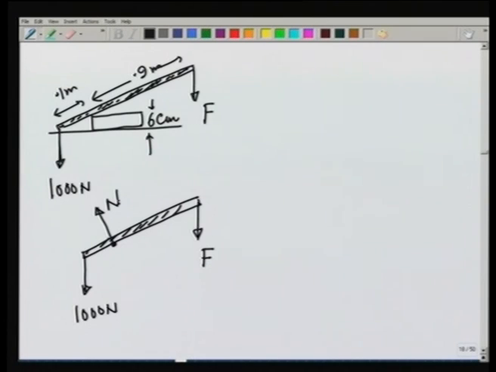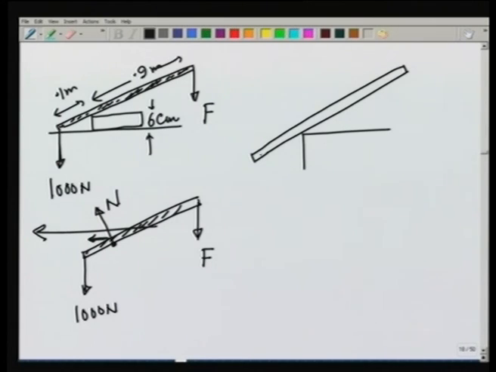You can see right away, if there is no friction, this N is going to have a horizontal component that is not balanced. So, the rod is going to have a tendency to move this way. In order that the rod does not move, there should also be a frictional force between the rod and the brick. So, we are going to assume that there is a sufficient frictional force that prevents the slipping to the left.